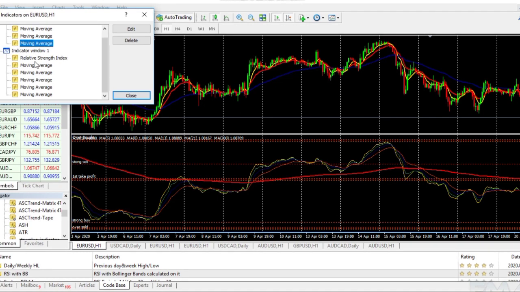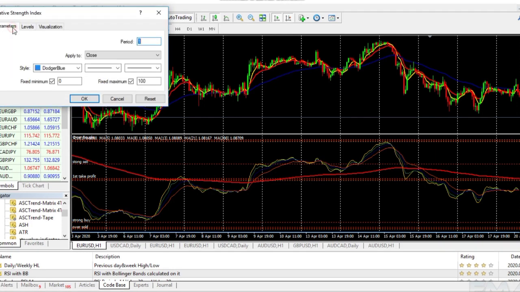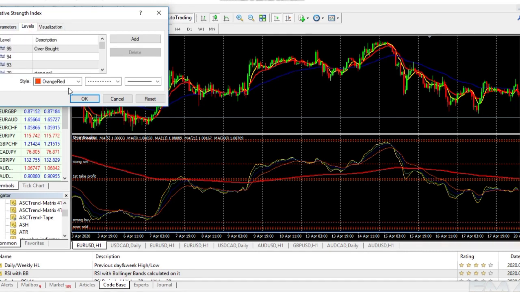Now you open the RSI window, and under the window you're going to put moving averages. For your RSI setting, for the parameter you put period 1, so that it becomes a straight line at the bottom. Then you put in different levels.